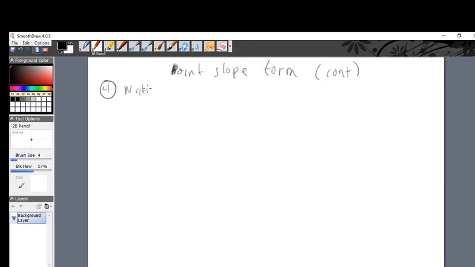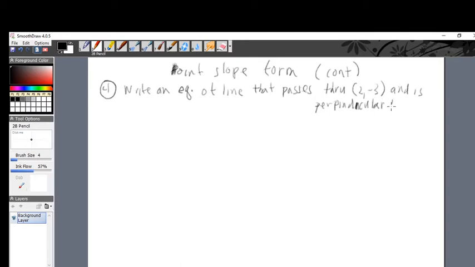It says write an equation of a line that passes through (2, -3) and is perpendicular to y equals 1/2 x minus 4.